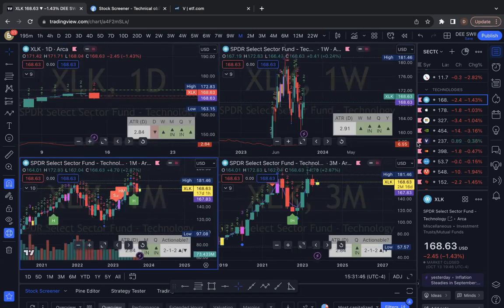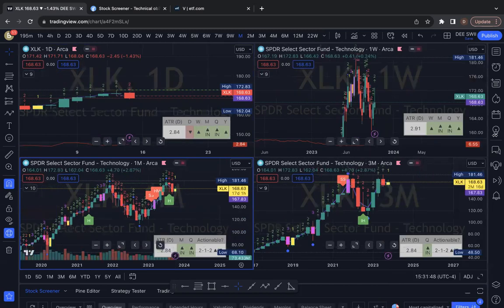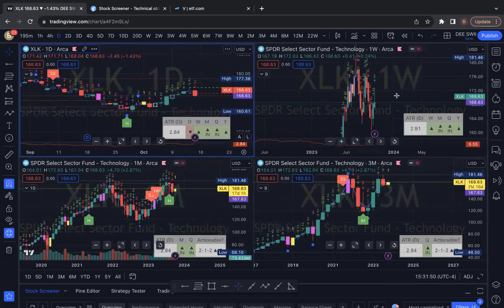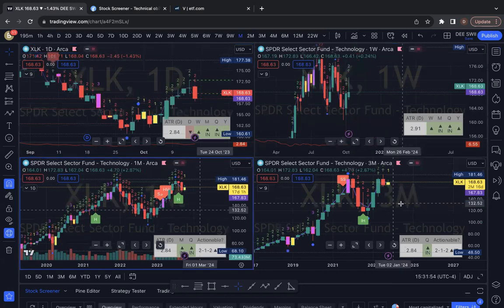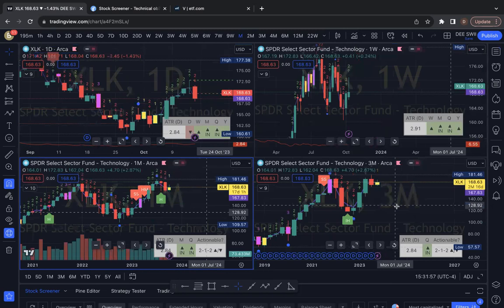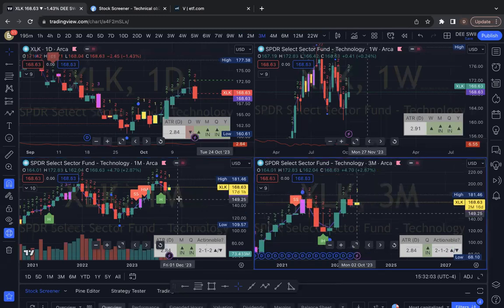And let's move this over here. Okay, so I have my daily set up. I have my weekly set up. I have my monthly and I have my quarterly. So your quarterly and your monthly are your higher time frames. That's the highest time frame I look at.